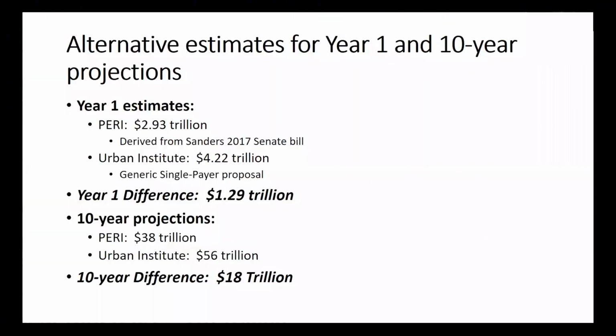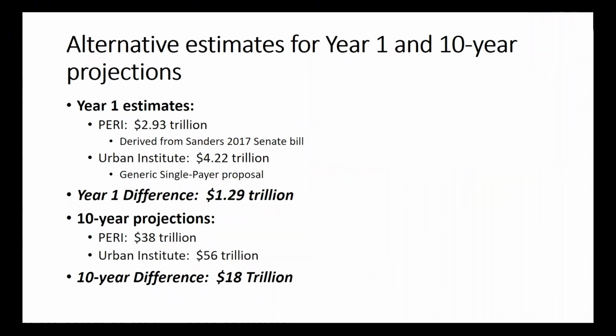Even given that, you saw I end up with an estimate of costs that are dramatically different than what is now, I would say, the most widely cited study in the mainstream, which is the Urban Institute's study that came out a few months ago.